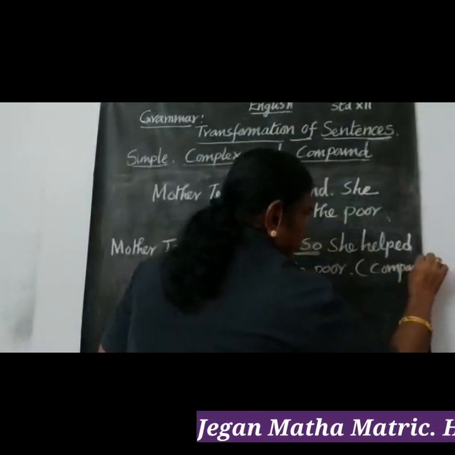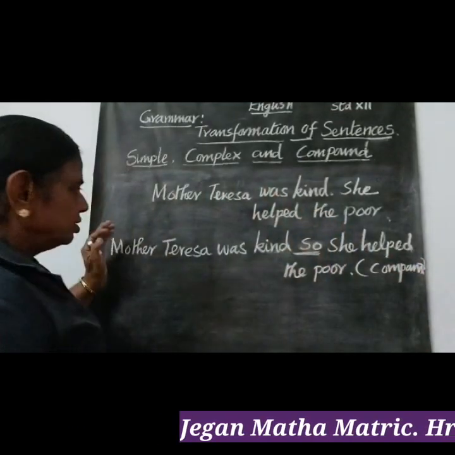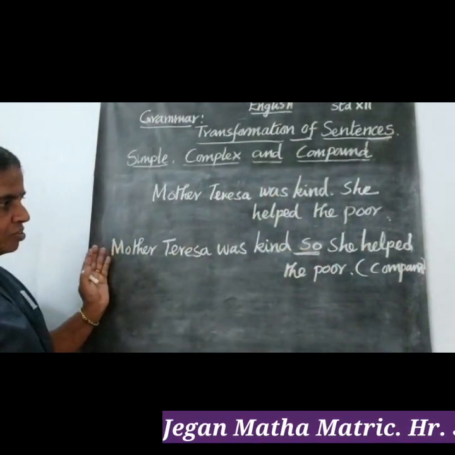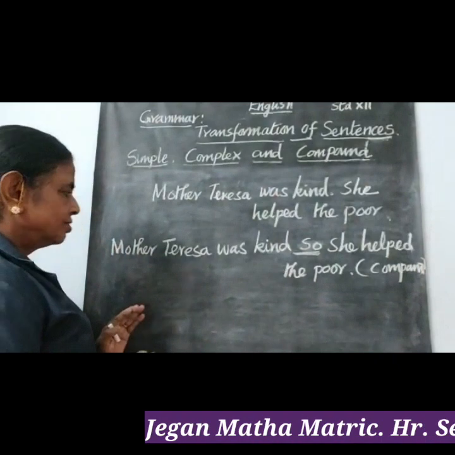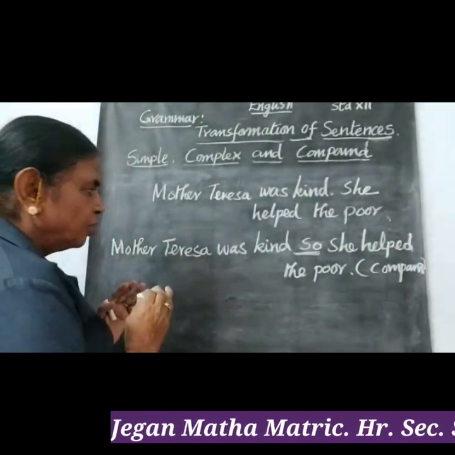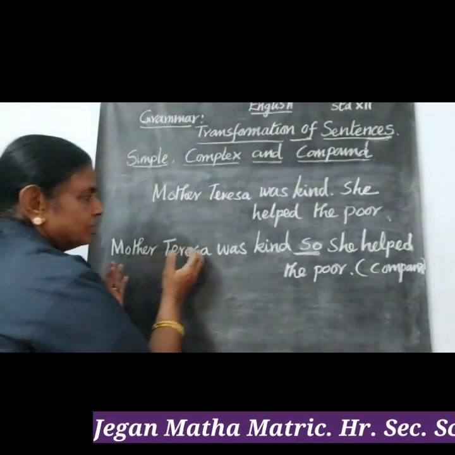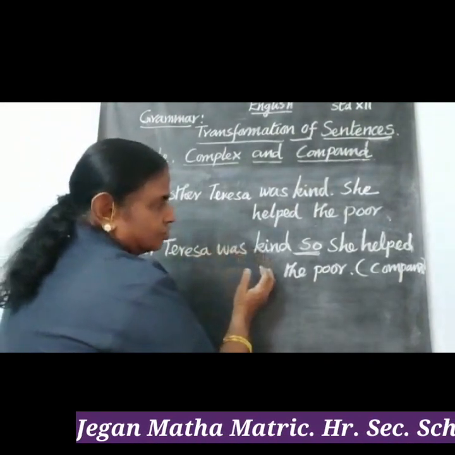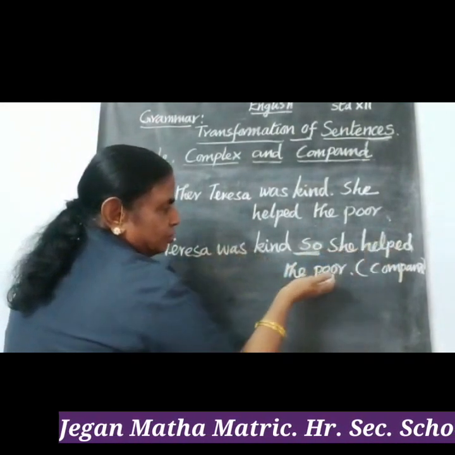Compound. And now, when I want to change this compound sentence into a complex sentence, I have to state the reason. Here the reason is Mother Teresa was kind. And what is the result? She helped the poor.